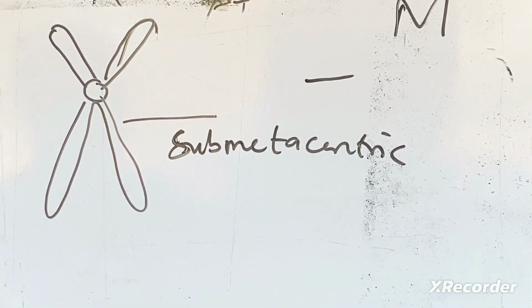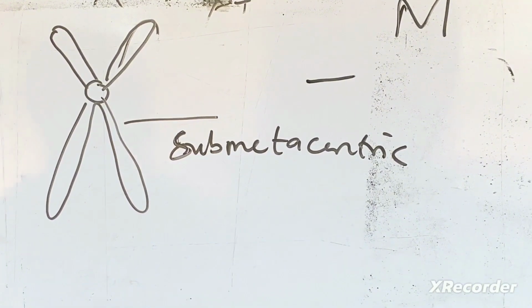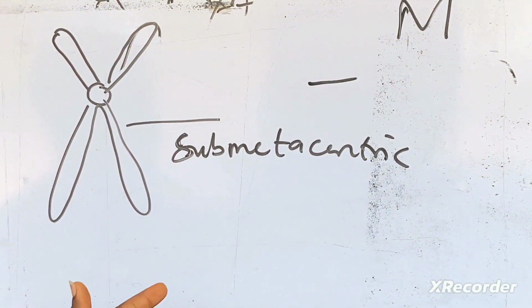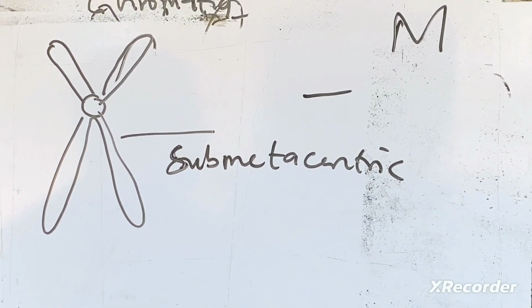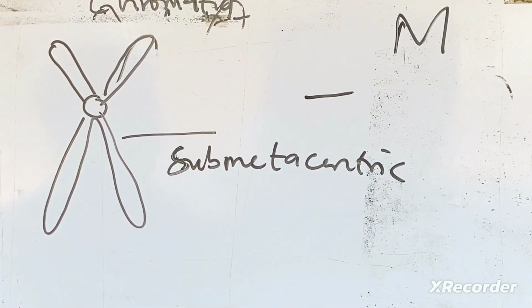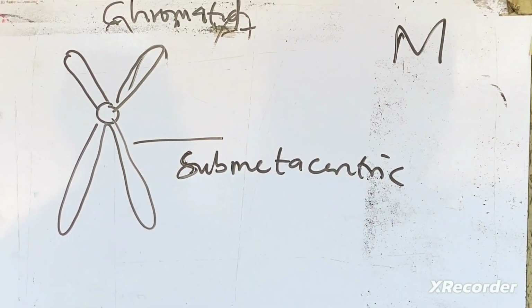You should know that the submetacentric is not always included in the types of chromosome, because we don't find the chromosome in this form most times, but we have to include it in case of any exam you are writing.